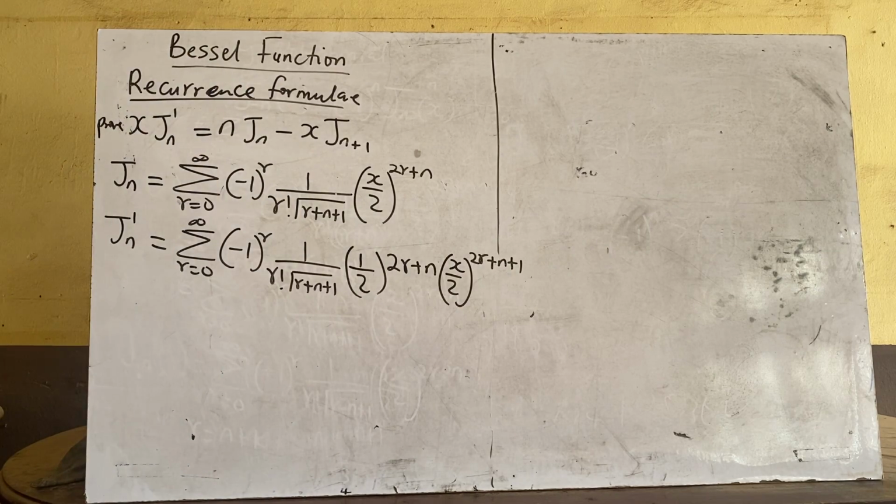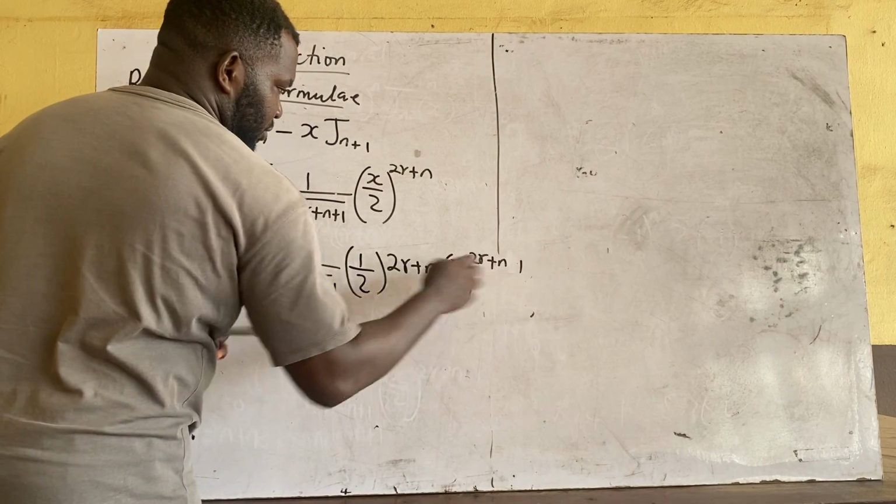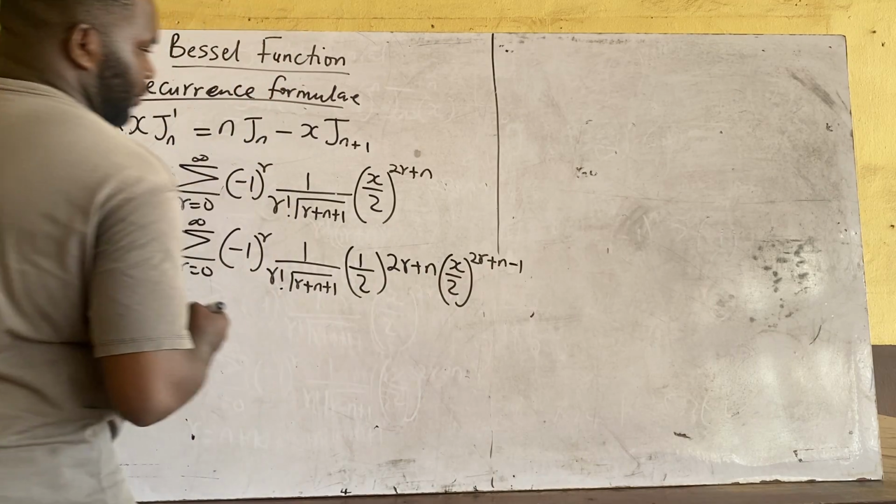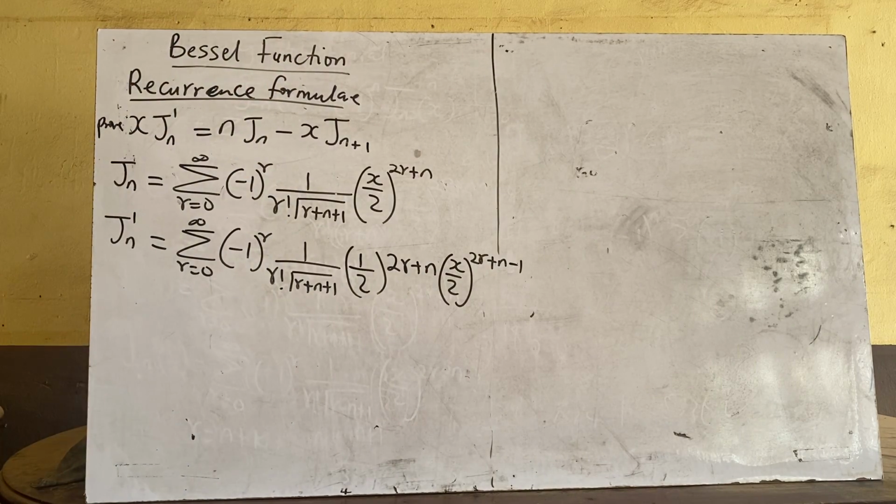Okay, so this is how it's going to look. The next thing we're going to do here is to separate them. We're going to separate the 2r, and then we're going to separate the n. But before that, this is multiplied by x. So let us multiply everything here by x and see what we are going to have. Okay, sorry, it's not plus. We are removing 1 from the power, so it's going to be minus. So we're going to multiply by x.